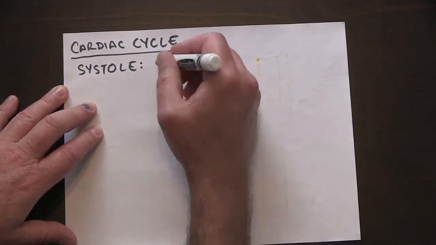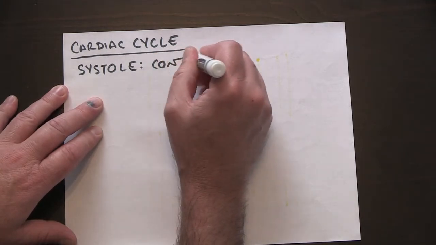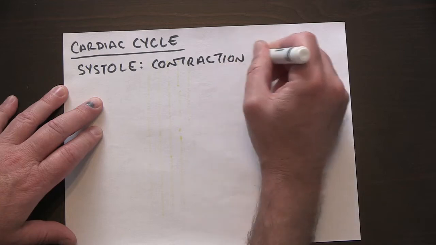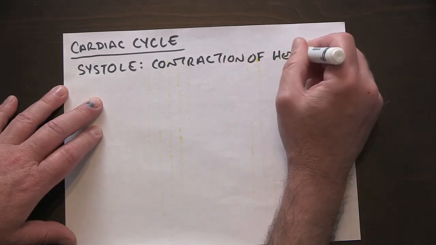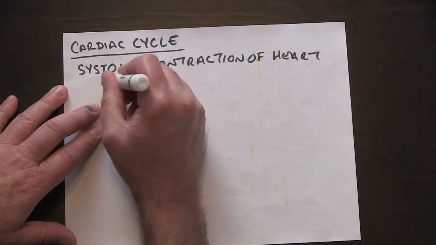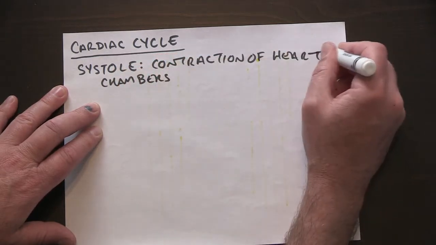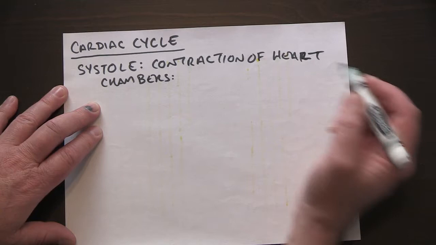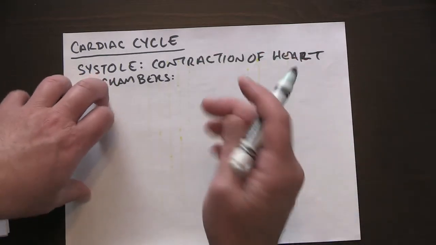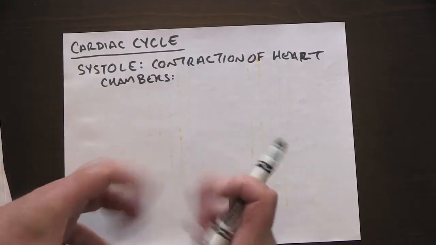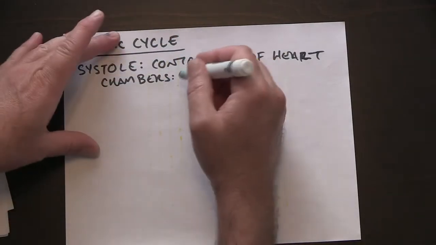One's called systole, and this is basically the contraction of the chambers. The two atria contract at the same time, and then the ventricles contract at the same time.